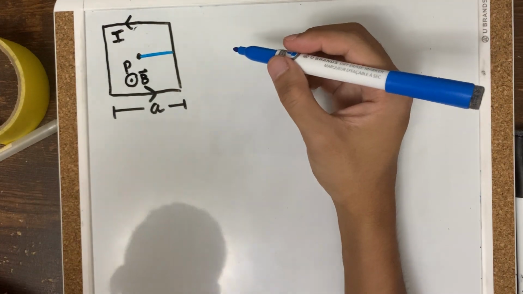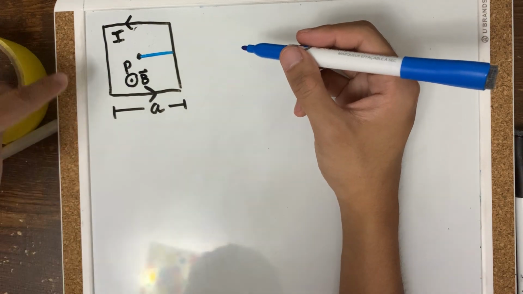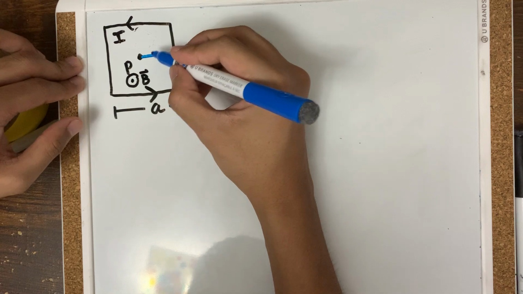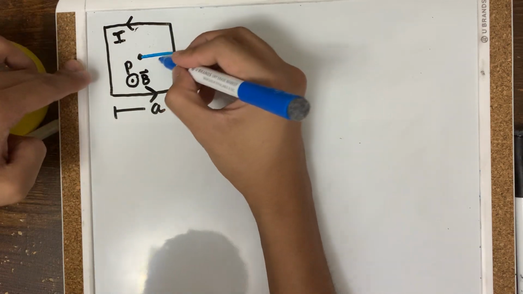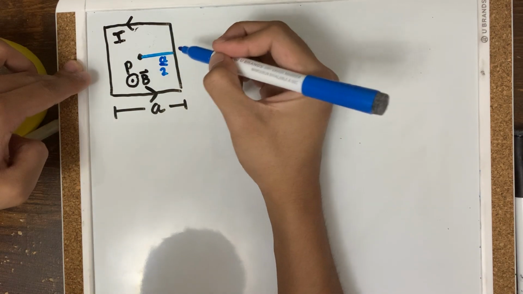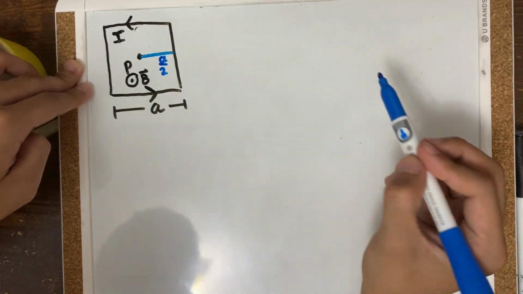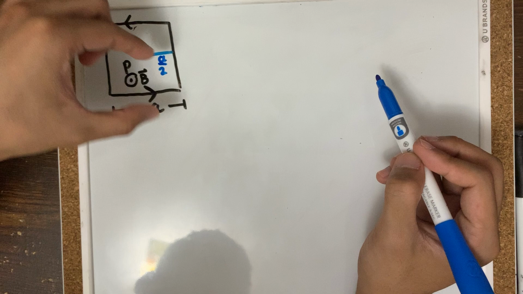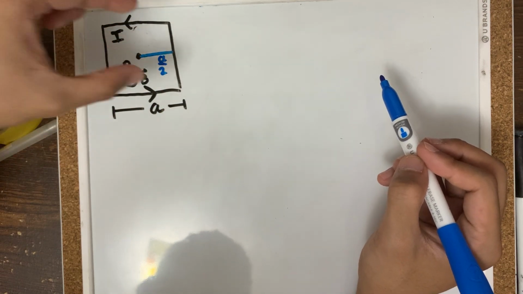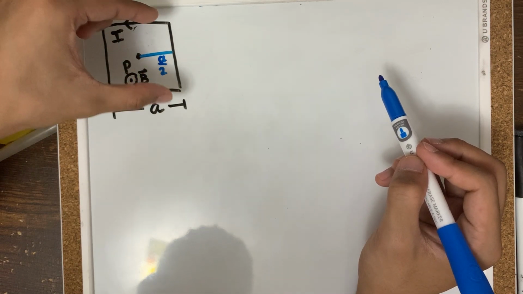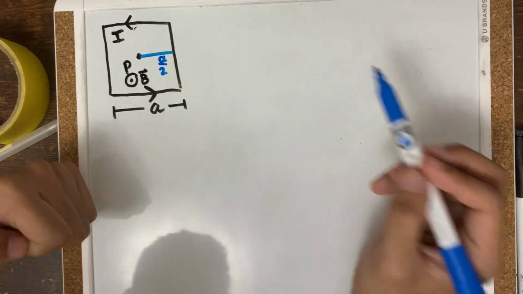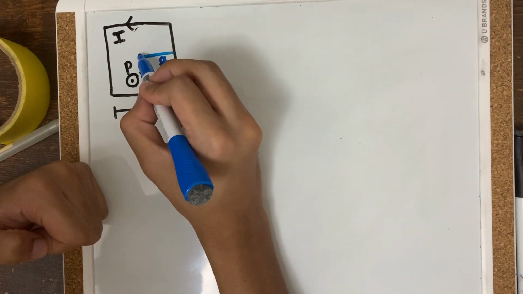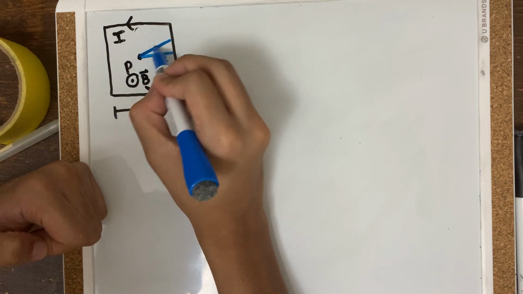I will work further into imposing this coordinate system and defining our variables. So this length is a/2, the side length of the square divided by 2. And we want to sum up the little bits of magnetic field due to the infinite number of points in this line of current. We do that by integrating using the Biot-Savart law.